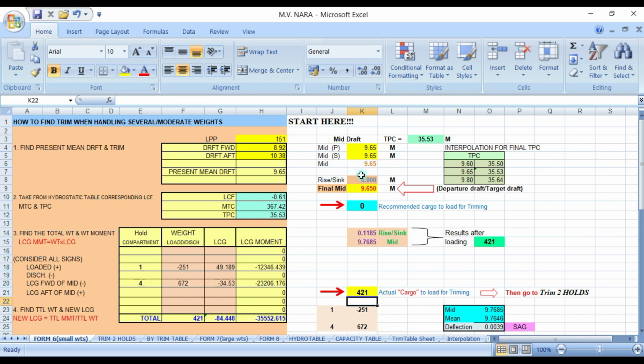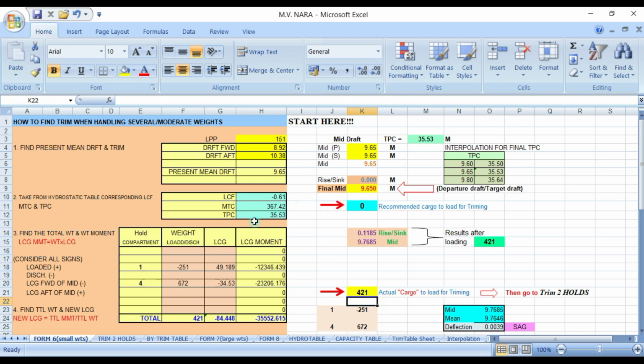So your mid drop is 9.65. Since you only have to shift your cargo, your final mid drop will be the same. That will be 9.65. Why?